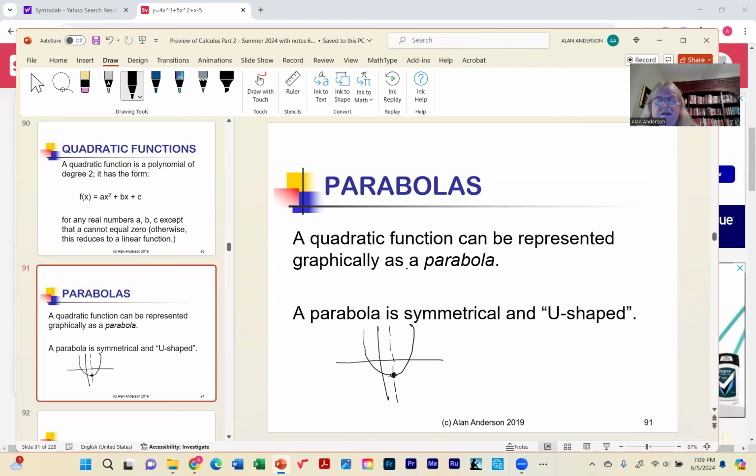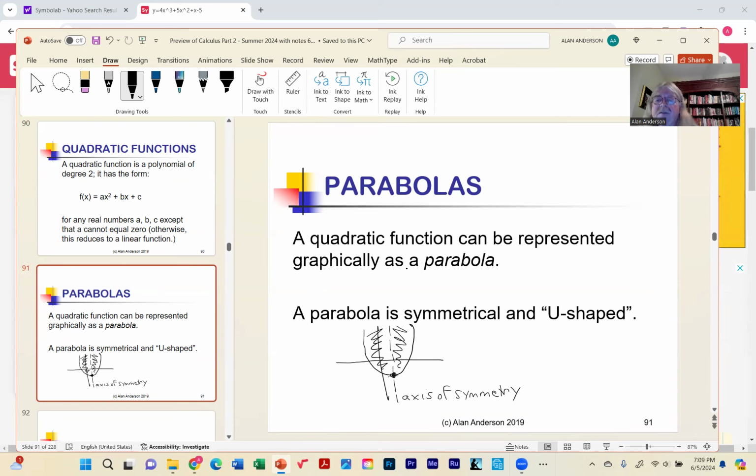This line is called the axis of symmetry. And that means this side is a mirror image of this side. Okay, so this is true for all parabolas. We have this property of symmetry, and it looks like a U.